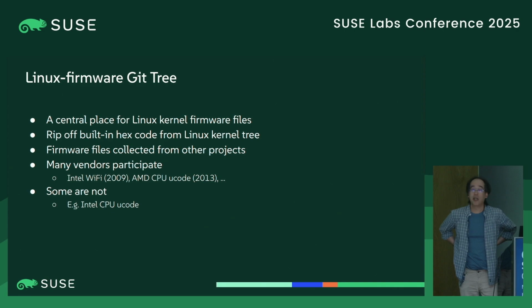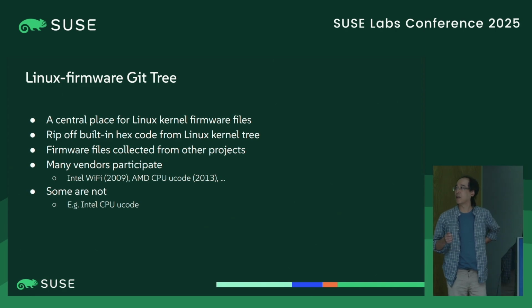The Linux firmware Git tree is the central place for the kernel firmware package. It started from putting the static binary hex code from the kernel source tree there. That was, I guess, one of the motivations for the Linux firmware Git tree, because such binaries are always a gray zone from the license point of view.